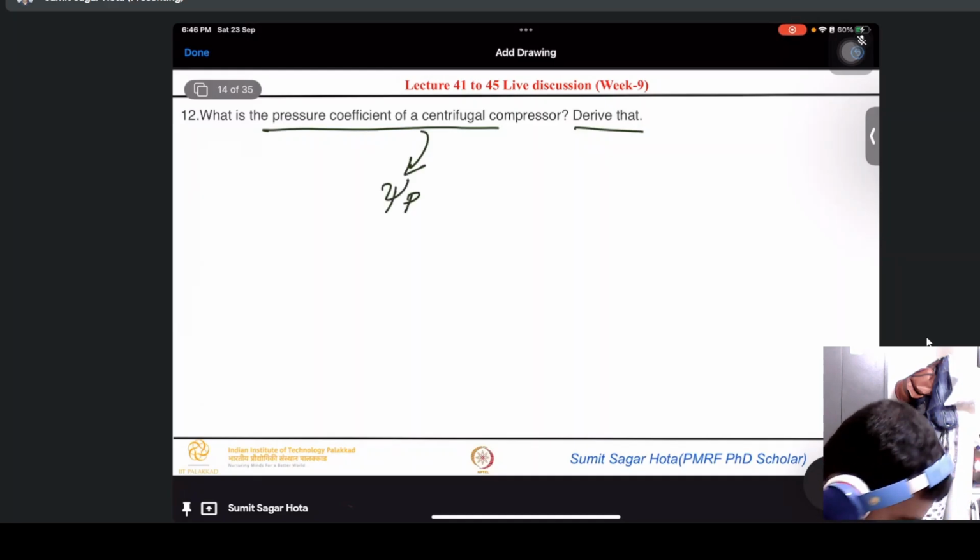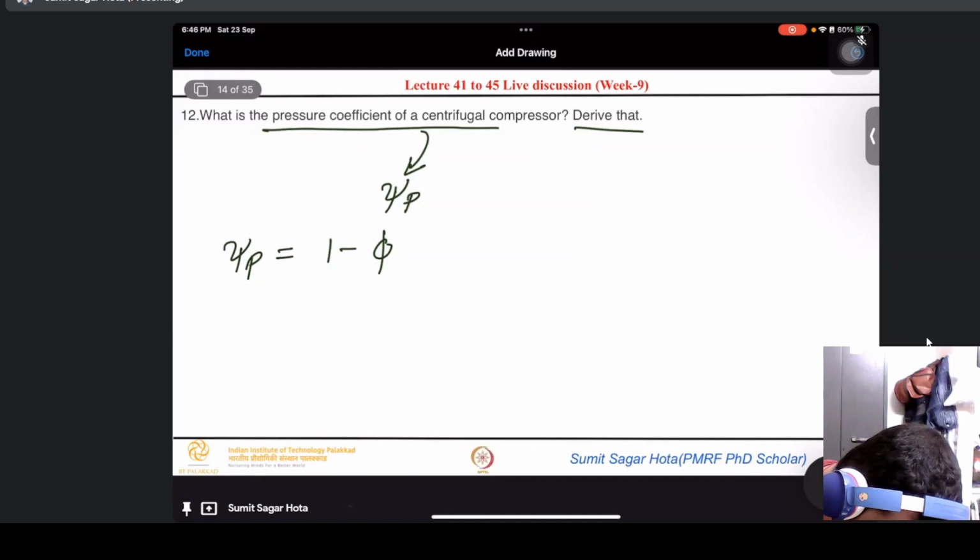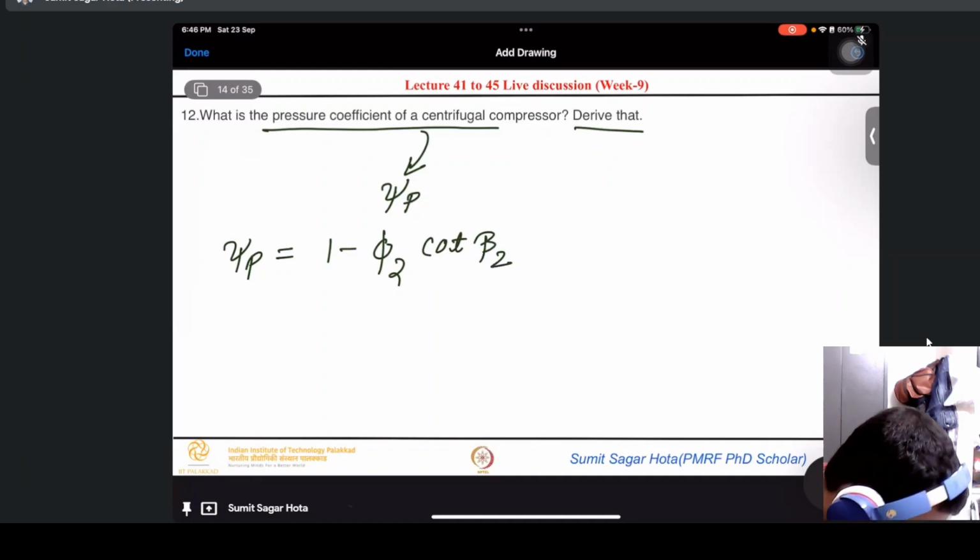We know psi p is equal to 1 minus phi 2 cot beta 2.